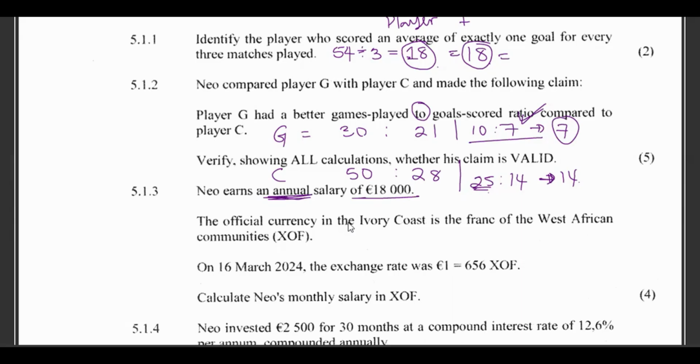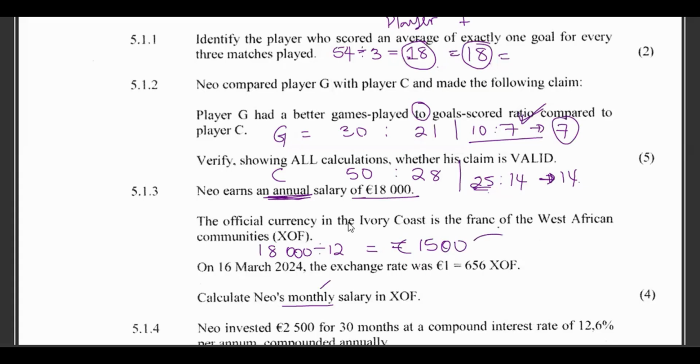The question wants you to get monthly. What has to come in your head? Ask yourself, how much does he get in 1 month? So we shall do that first. We divide by 12. Don't lose marks that are obvious. So 18,000 divided by 12, you have 1,500.